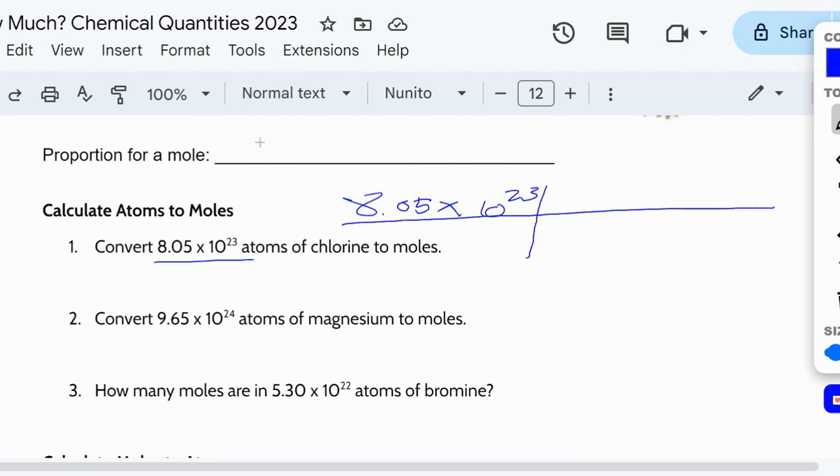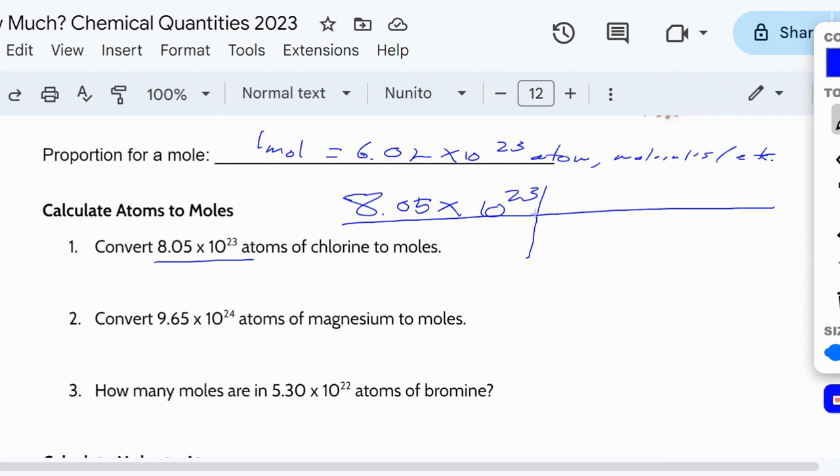My proportion is 1 mole equals 6.02 times 10 to the 23rd atoms, molecules, etc.